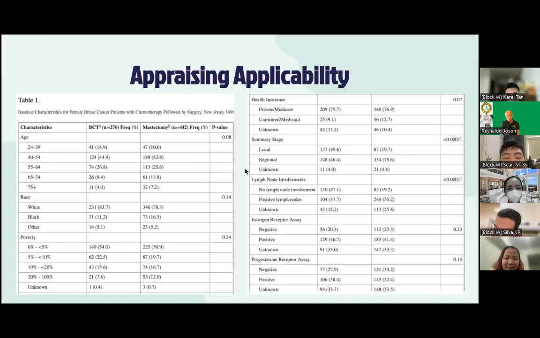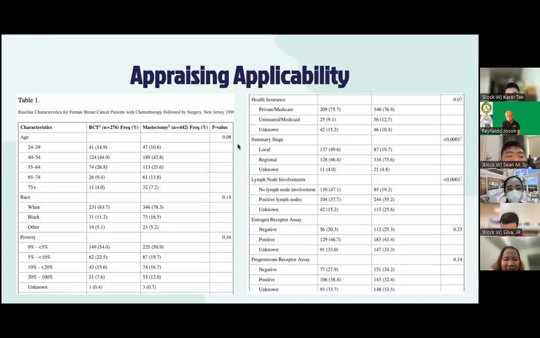For summary stage and lymph node involvement and estrogen receptor and progesterone receptor assays, once again, the data sets were statistically manipulated such that the groups would not be statistically significant. And so with regards to comorbidities and pathology, the study is applicable to our patient. The only criterion that this study might not be completely applicable to would be race.